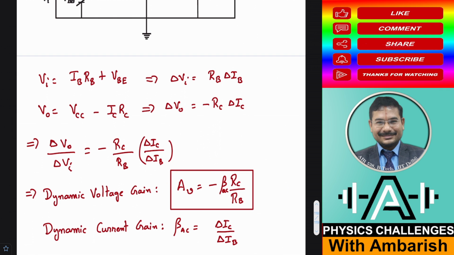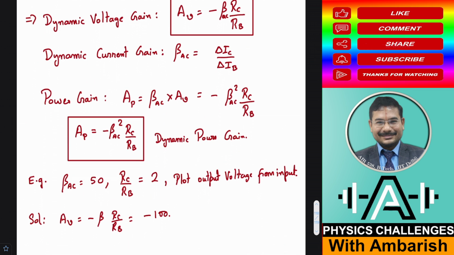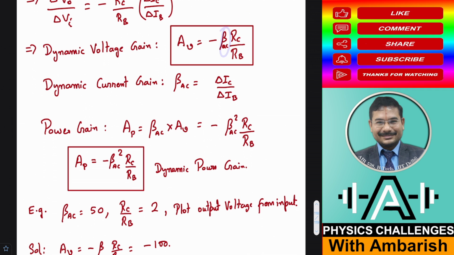I hope you understood how the transistor acts like a voltage amplifier, right? And of course current gain is delta IC upon delta IB, and then you also define something called power gain. Power gain is voltage gain multiplied by current gain. There's already one beta AC here, and you multiply it by another beta AC, so this becomes beta AC squared times RC by RB.